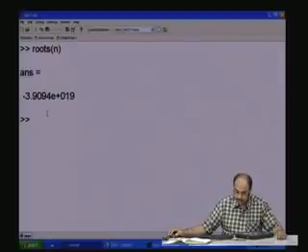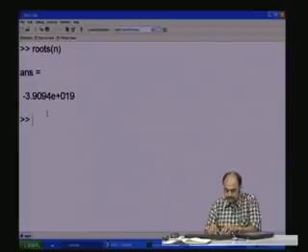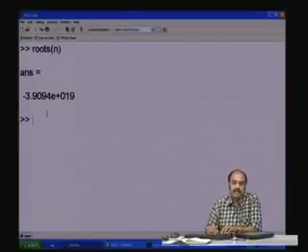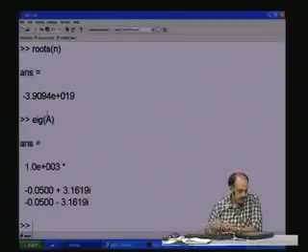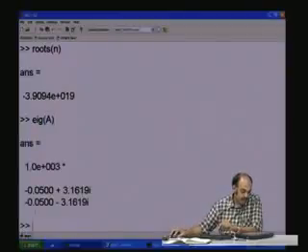This can also be obtained from the state equation, that is the A matrix. A matrix contains the information of the poles and zeros. Let us say you take the eigenvalue of A. Eigenvalue of A gives the pole location.